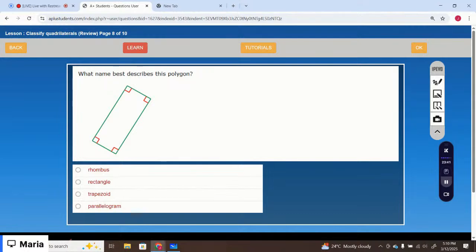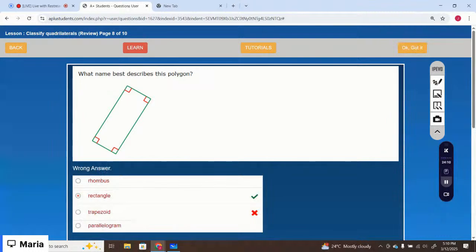What name best describes this polygon? Oh, rectangle it is.